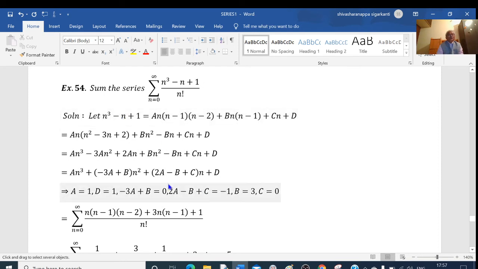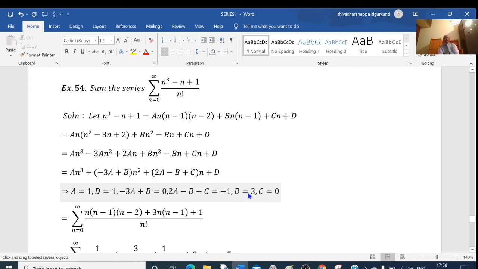Now we have the values of a and d. Substituting here I will get the value of b. Put a equal to 1. Minus 3 into 1 is minus 3. Minus 3 plus b equals 0, or b equals 3.